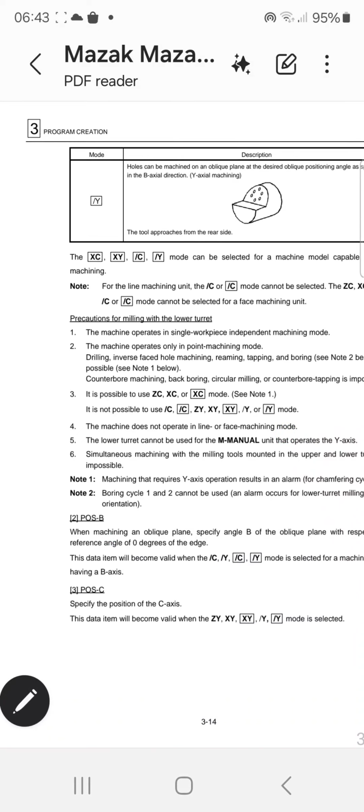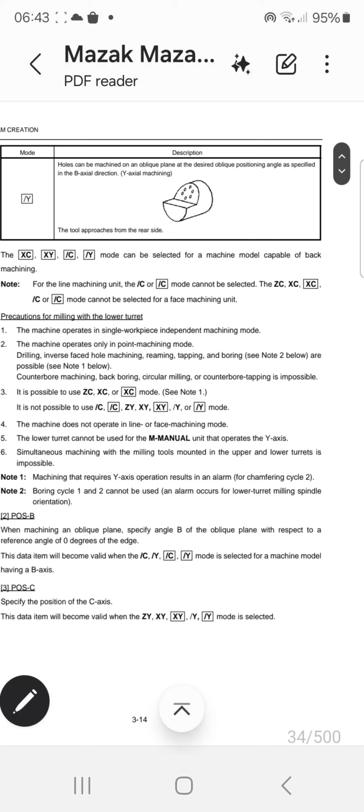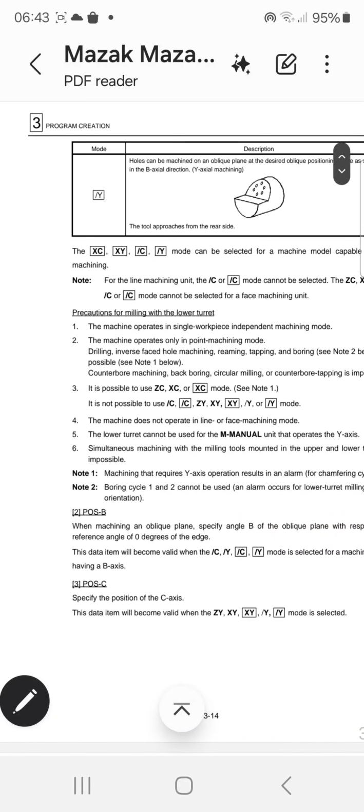Two is the push B. When the machine applies a plane at a specific angle B, the oblique plane is with respect to the reference angle of the 0 degree of the edge.